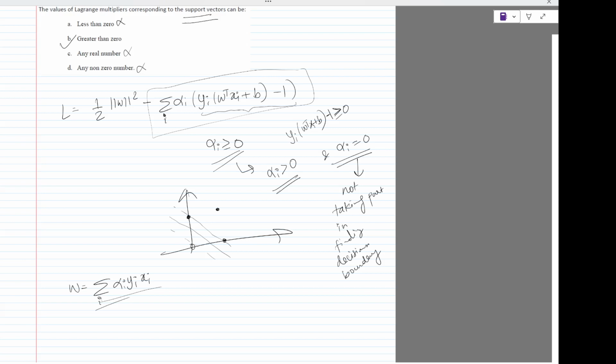And for your other data points which are not support vectors, alpha will be equal to 0, but y_i(w transpose x_i + b) will be greater than 1, because they are here.